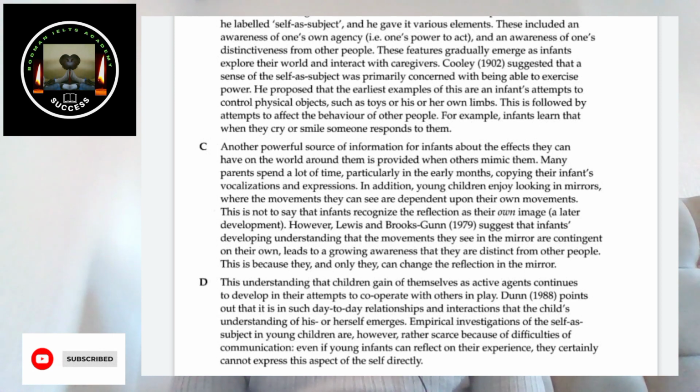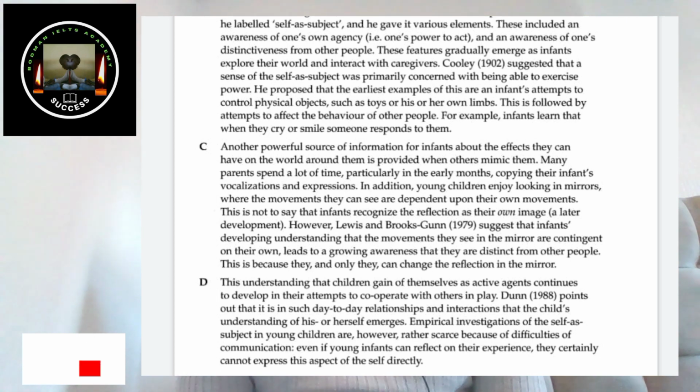So if you move back a bit, you will discover they say, in addition, young children enjoy looking in mirrors, where the movements they can see are dependent upon their own movements. This is not to say that infants recognize the reflection as their own image, a later development. They will still be able to do that later.